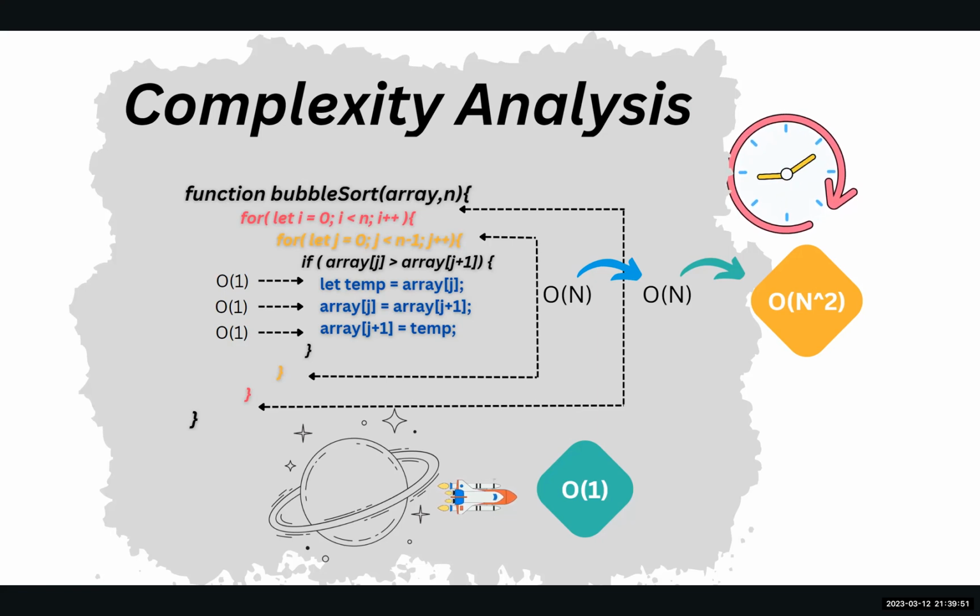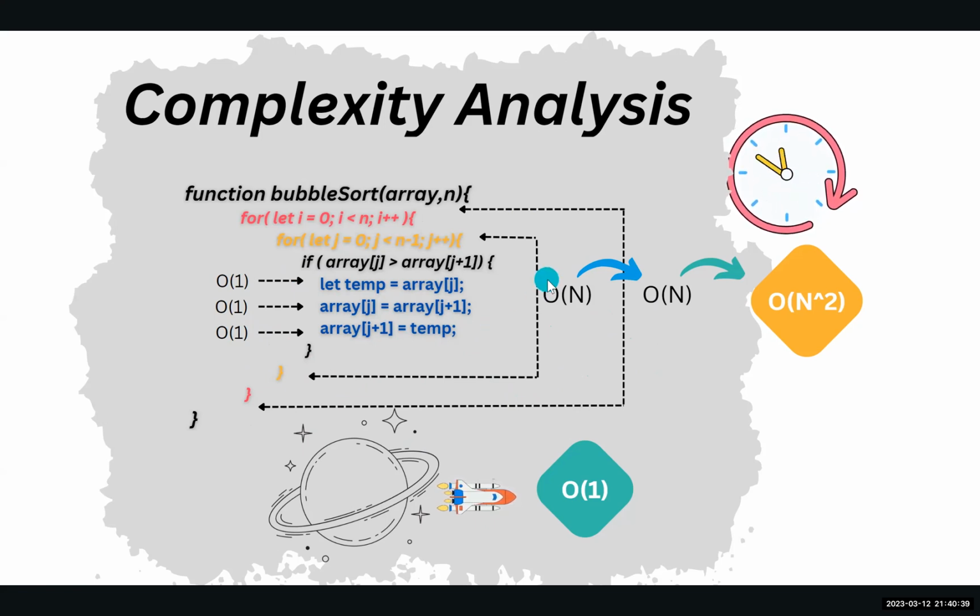But if we are applying that same loop on each element n times, that means we are doing n square repetitions. Operations like creating a variable and interchanging the variable values are of O of 1 time complexity.